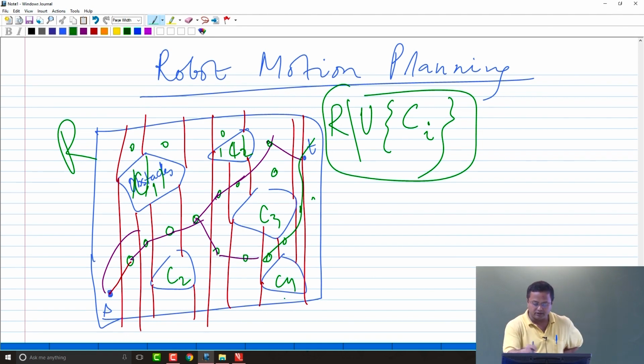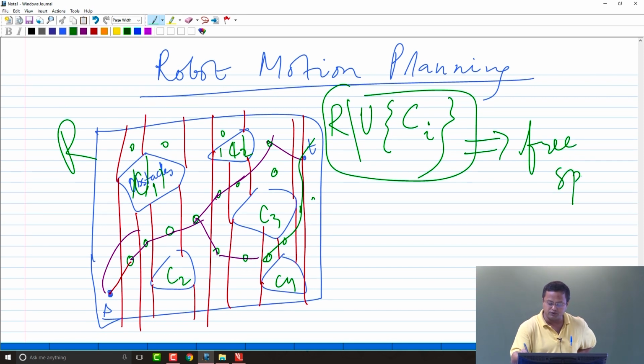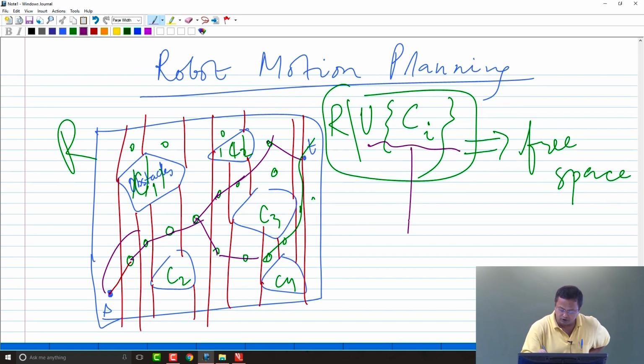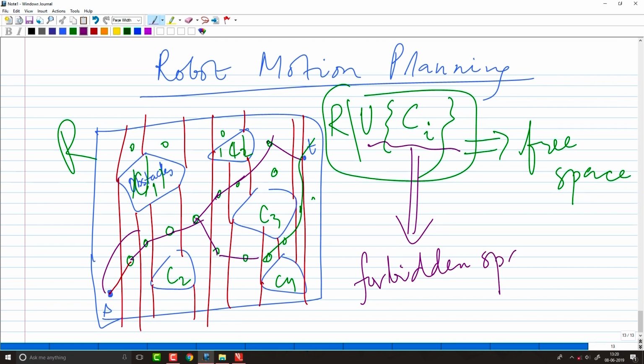Look at this set, and this is your free space in which the robot can move, and this is your forbidden space. My claim, and I have to do a proof which would take time, is if there exists a path in this free space, then via this trapezoidal decomposition I can find one for you.